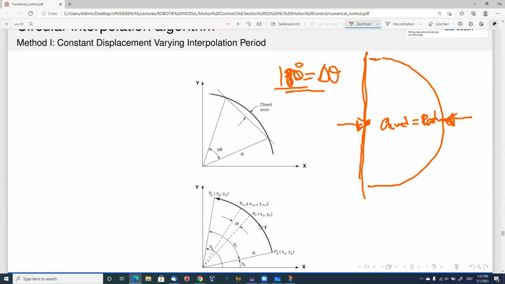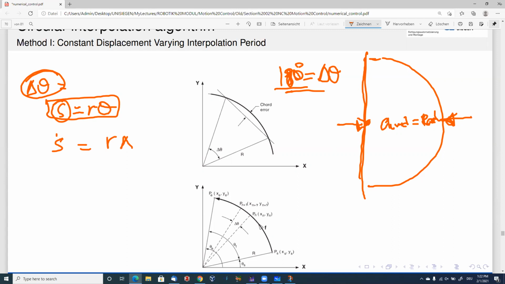This relationship, maybe it's from your geometry, S equals R theta. That means the arc length is equal to the radius times the delta theta.